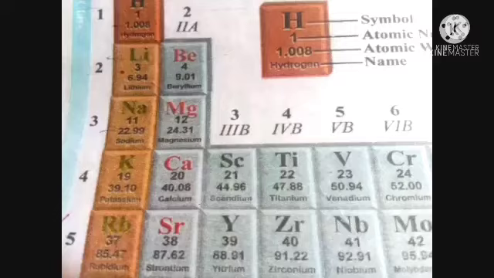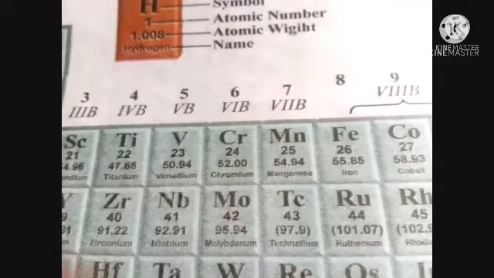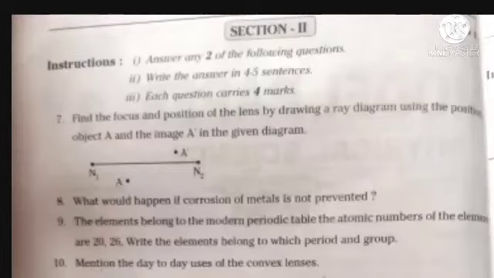The elements with atomic numbers 20 and 26 belong to the fourth period. Element 20 is calcium. That calcium belongs to second group and fourth period. Next one, the 26th atomic number element is iron. That is again the fourth period but the eighth group.